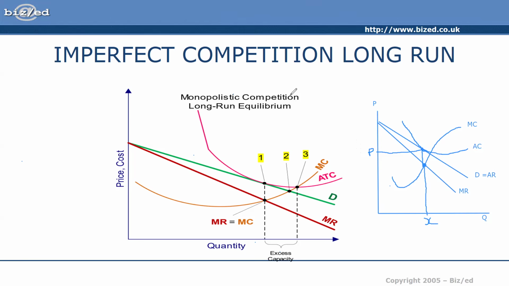However, in the long run, monopolistic competition would only make normal profits, similar to why perfect competition only makes normal profits. It is, however, possible for oligopolies and monopolies to make supernormal profits in the long run because of their nature.